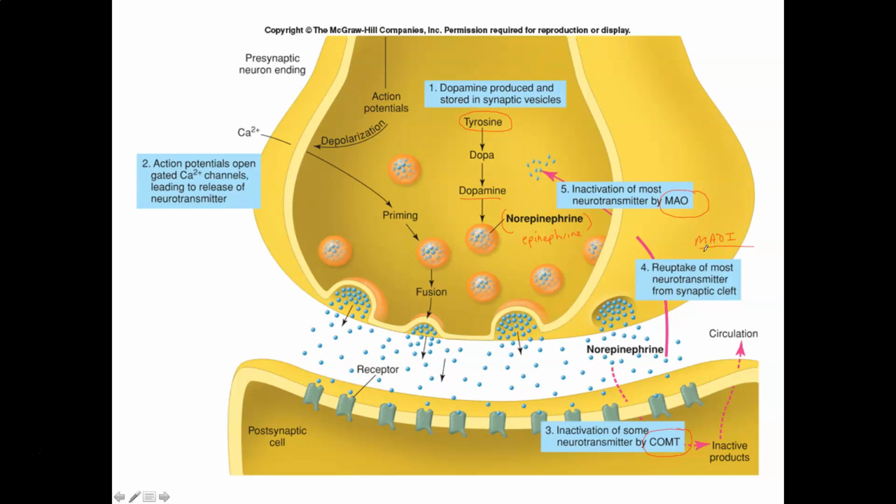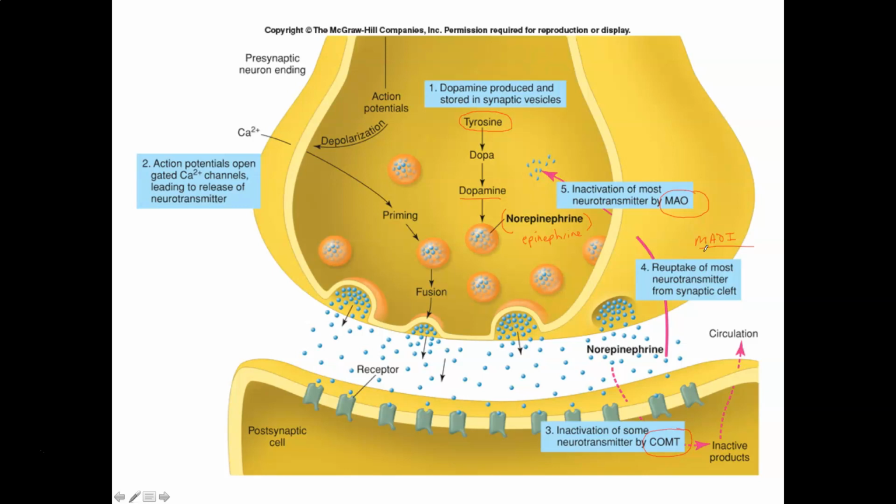That means it's going to persist longer, it's going to interact with receptors longer, and so it's going to exert its effects more often. This can actually be helpful, especially in the central nervous system, to have more epinephrine available for the postsynaptic cells. This can treat things like clinical depression. This can be used in, say, Parkinson's conditions. And so taking MAOIs can be beneficial for different scenarios clinically.